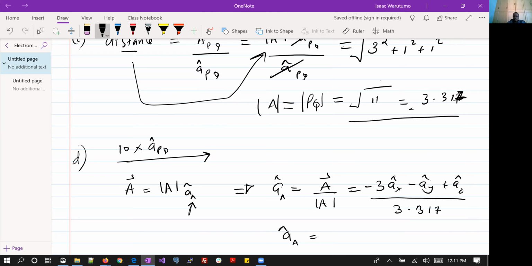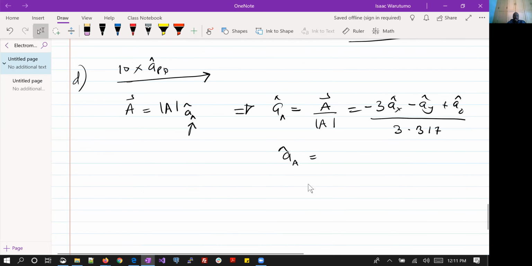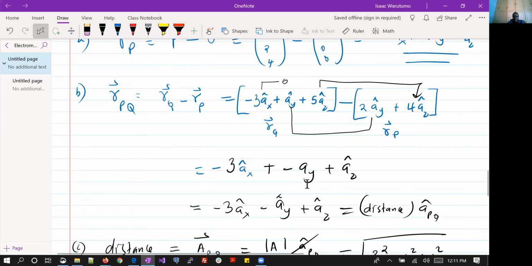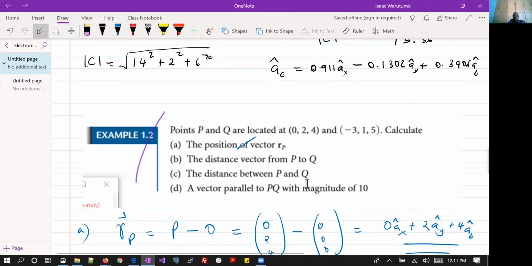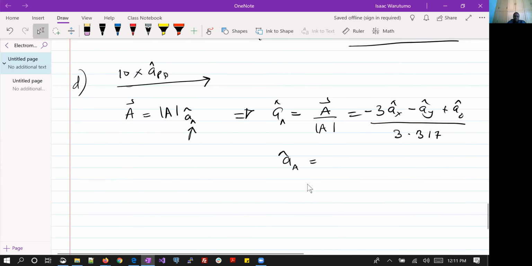I don't need to do the division now, but remember the question was asking for a vector parallel to PQ with magnitude of 10. So now that we have found our APQ, we are multiplying that by 10.